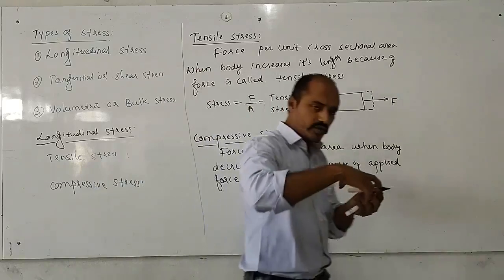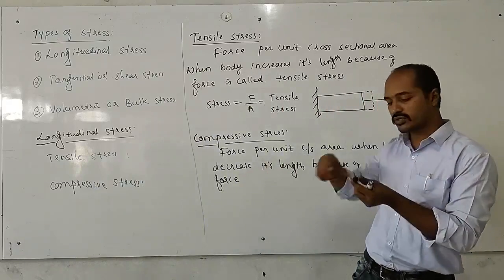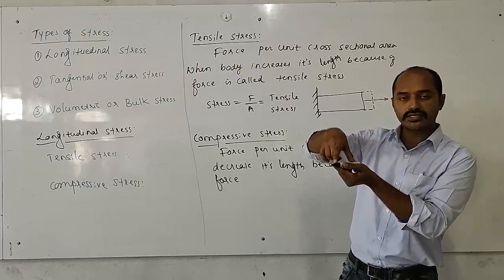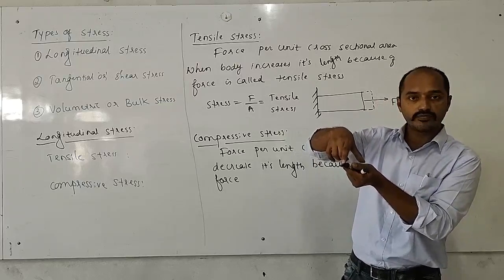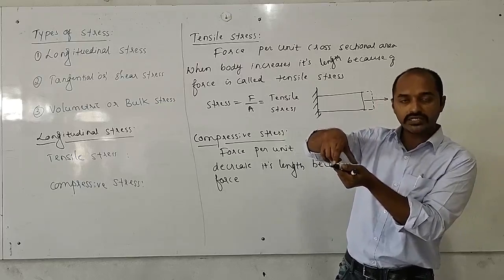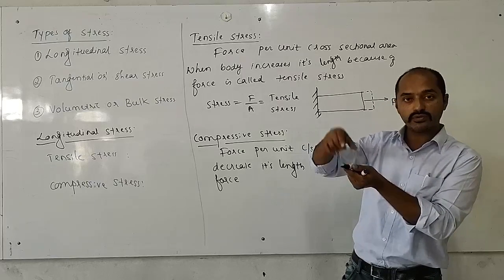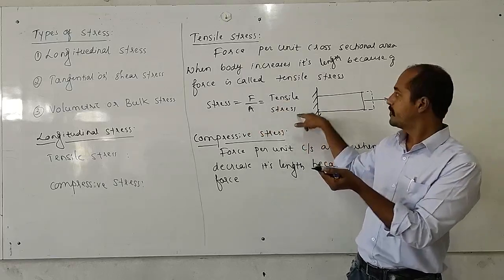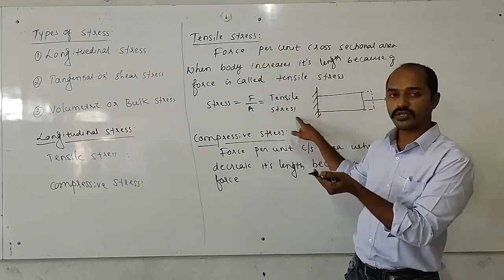If, because of applied force, the length of the body decreased, then the length is changed. So whatever the stress built here, the force divided by the cross-section area, that is the compressive stress, right? Here it is the tensile and here it is compressive, right?